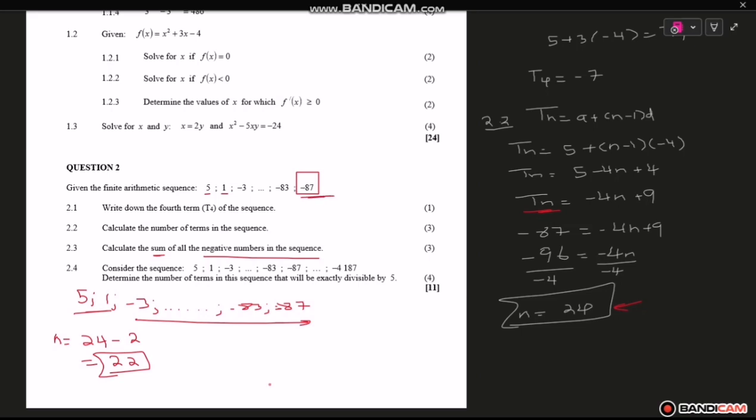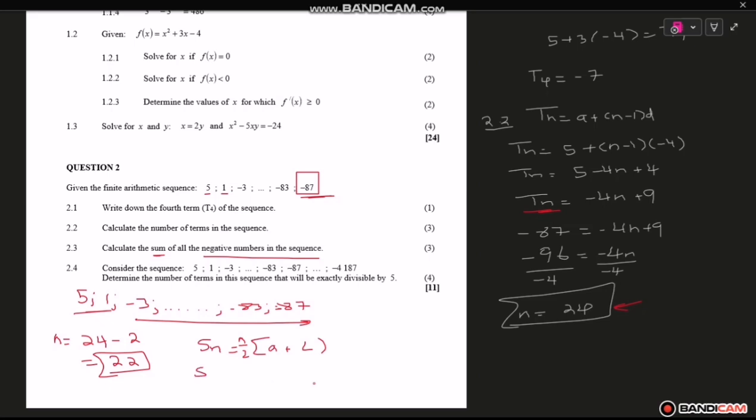Therefore, we can use this formula: Sn equals n over 2 square brackets a plus the last term, which is L. We know n, which is 22.